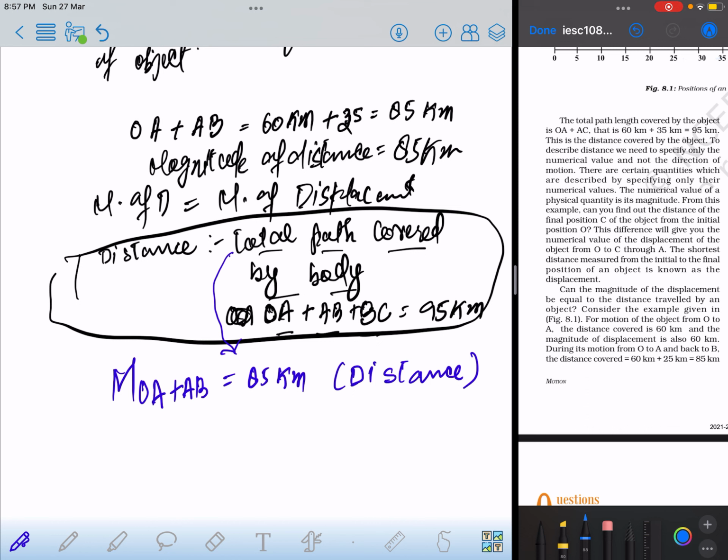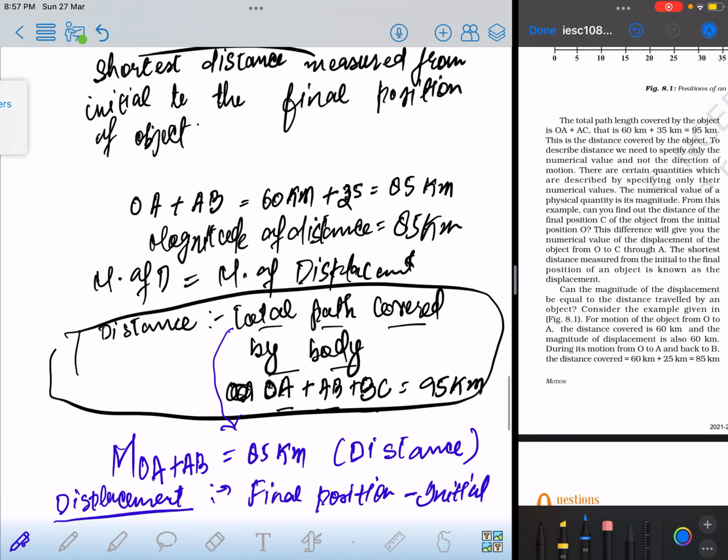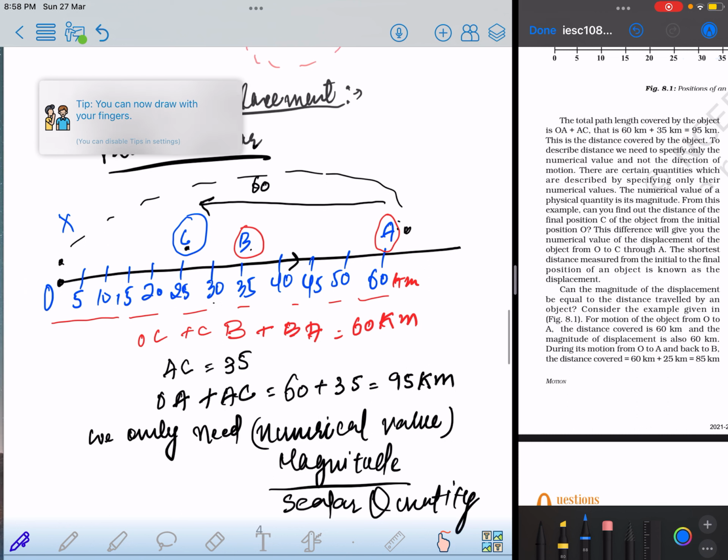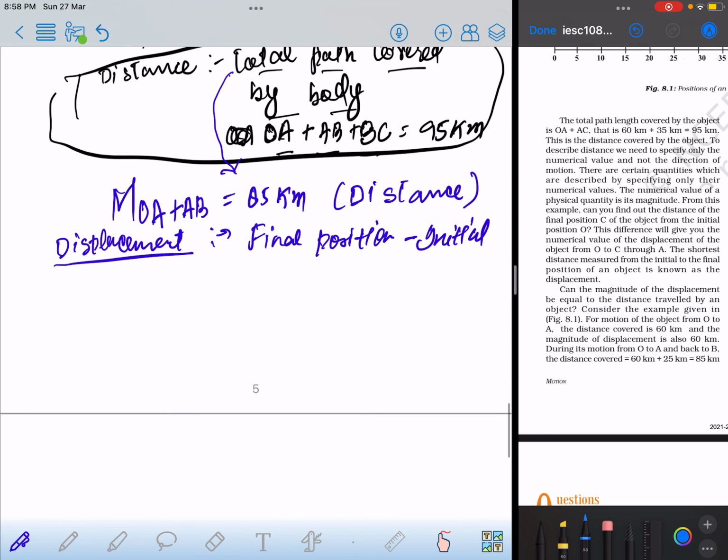And what we said about the displacement is that it is final position minus initial position. So what is the final position of the body here? Final position is at 25 kilometers. And what was the initial? 0. Here it is 0. And 25 minus 0 is 25.